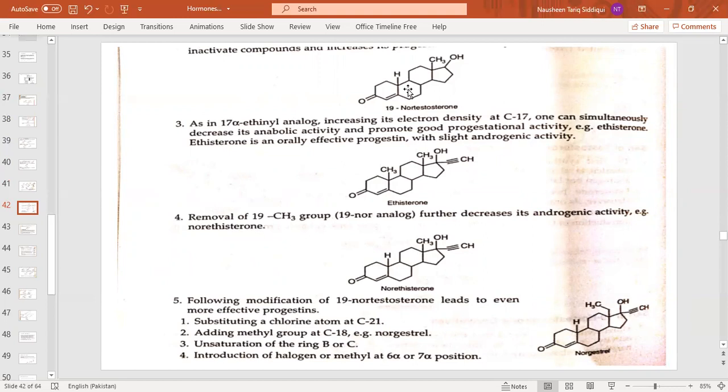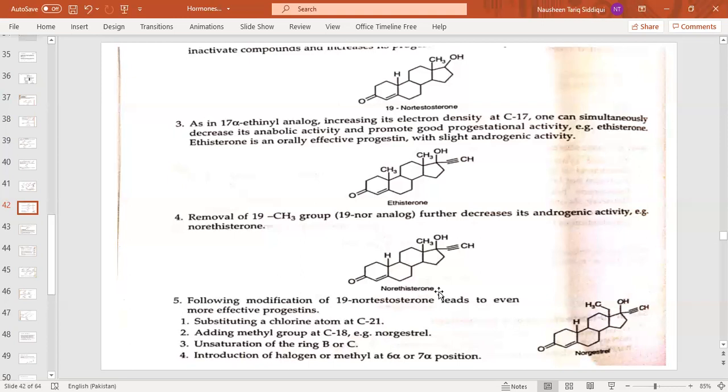Ethisterone is an orally effective progestin with slight androgenic activity, while removal of the 19 position पे जो CH3 group है further decreases its androgenic activity, that is जो इसकी example है norethisterone. ठीक है, following modification of 19-nortestosterone leads to even more effective progestin, that is substituting a chlorine atom at C21 position, adding methyl group at C18, norgestrel example है.